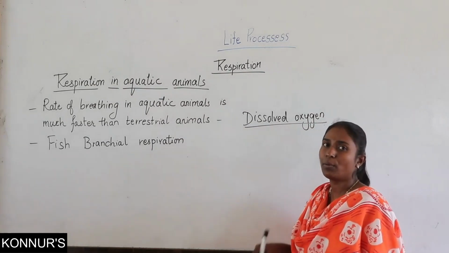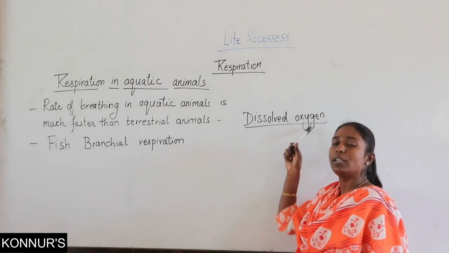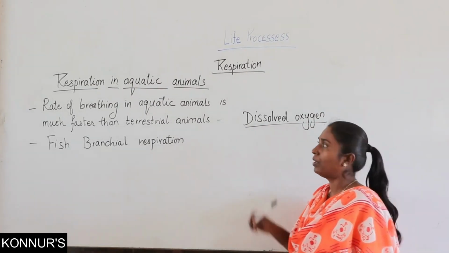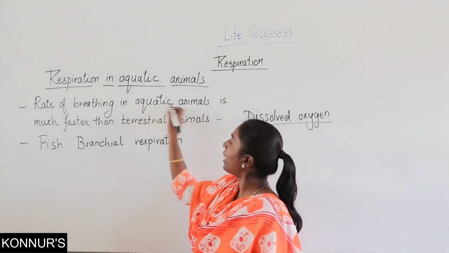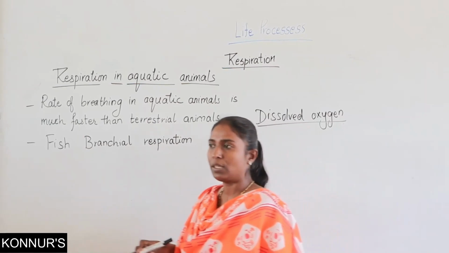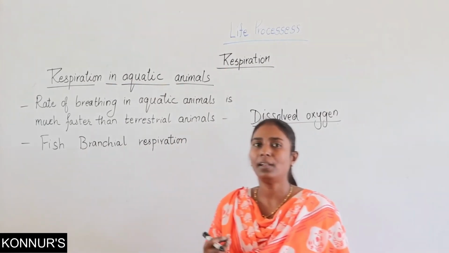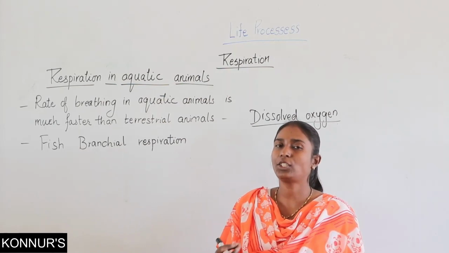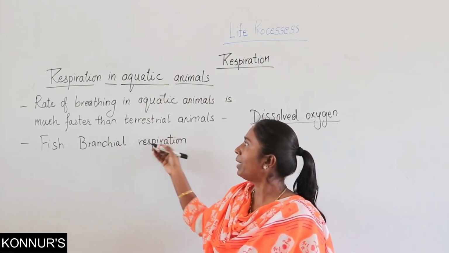Since they use the dissolved oxygen present in water, the rate of breathing of aquatic animals is much faster than terrestrial animals. Now let us take an example of how breathing takes place in aquatic organisms.